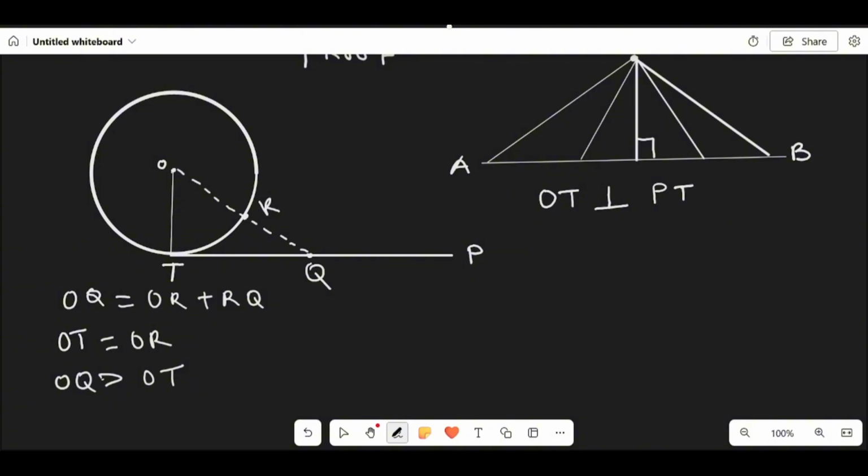So we can say OT is perpendicular to PT, and that the tangent radius theorem is proved.